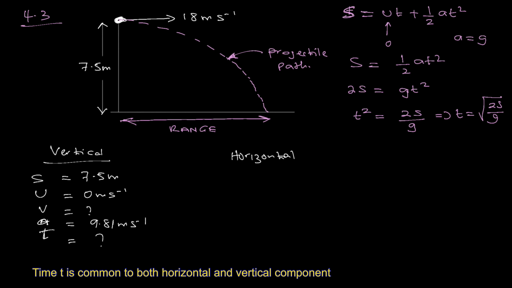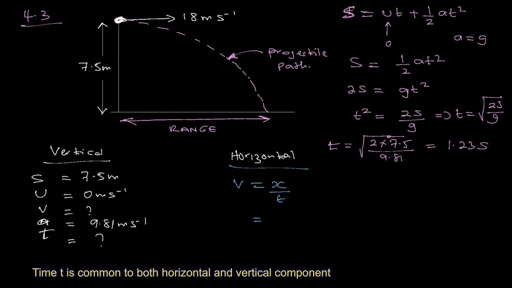So if I'm looking for T, I'll go T equals the square root of 2 times 7.5 over 9.81, and that gives T to be 1.23 seconds. Now we can look at the horizontal component, which means the velocity is traveling, and we know v equals displacement over time, and we're looking for the displacement, which is the range, which is distance in this case.